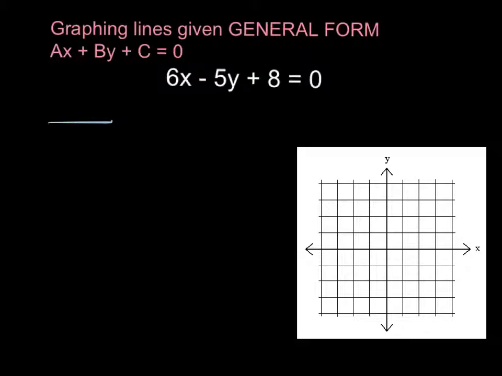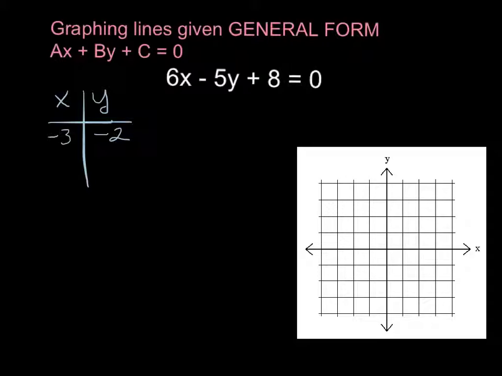So let's remember how we do a table of values. You've got your x value there, your y value there, and you can choose any random point and see how they work out. So I'm going to choose an x value of -3, and if we plug in -3 for x and solve for my y, we actually end up with -2.